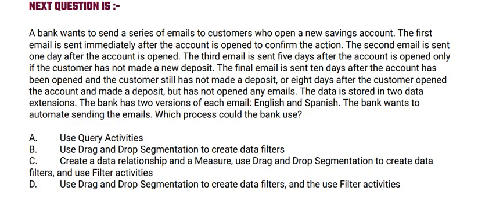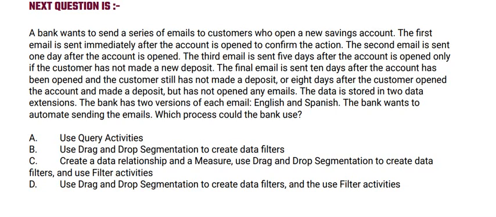Next question is, a bank wants to send a series of emails to customers who open a new savings account. The first email is sent immediately after the account is opened to confirm the action. The second email is sent one day after the account is opened.